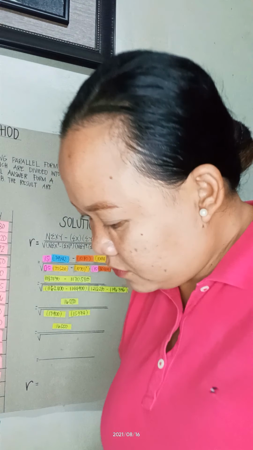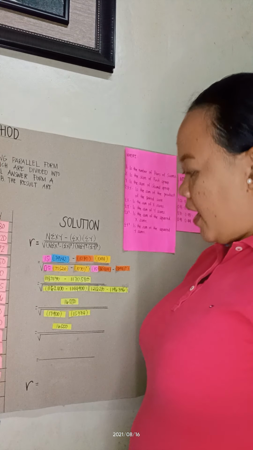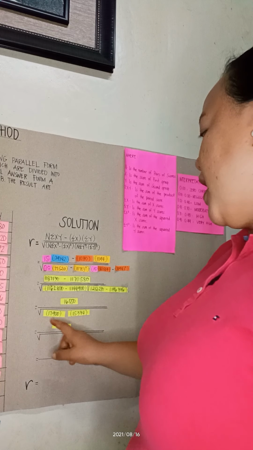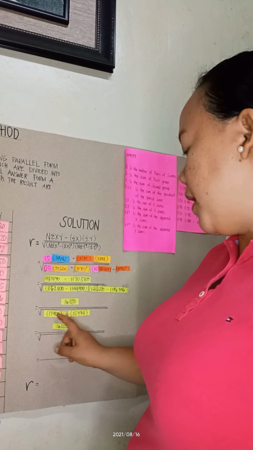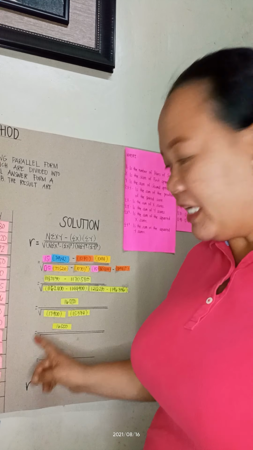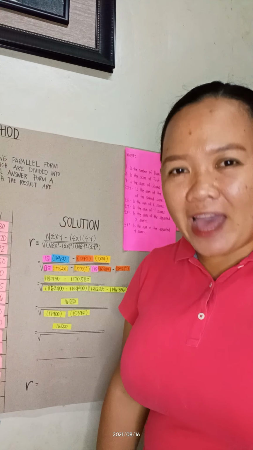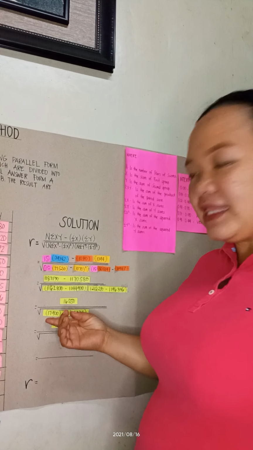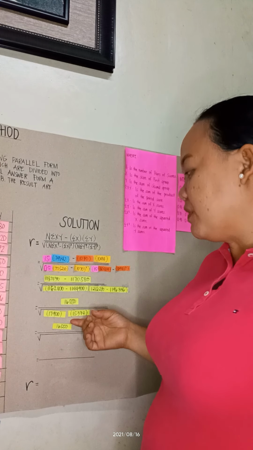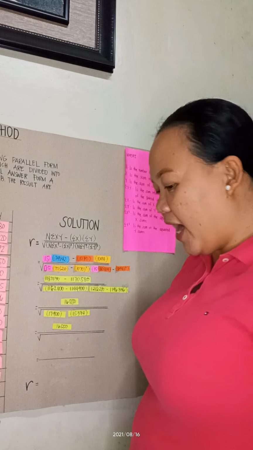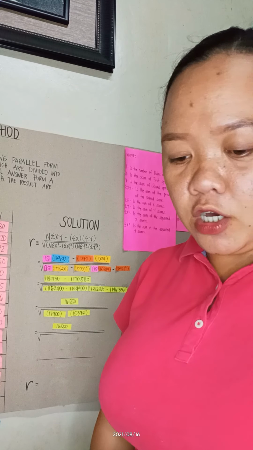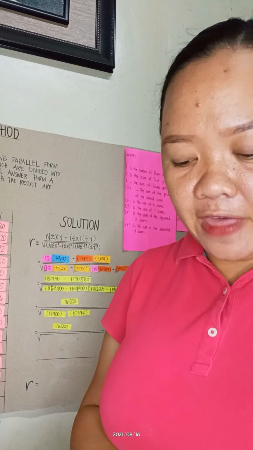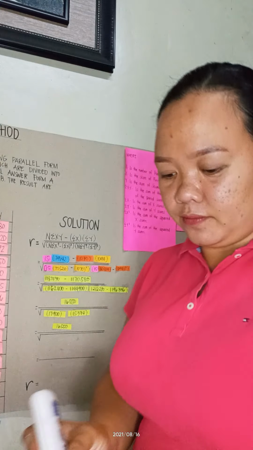Next, we have to multiply these numbers because of this sign. If you see this sign, that means you have to multiply. So 17,900 times 15,374 is equal to 275,194,600.